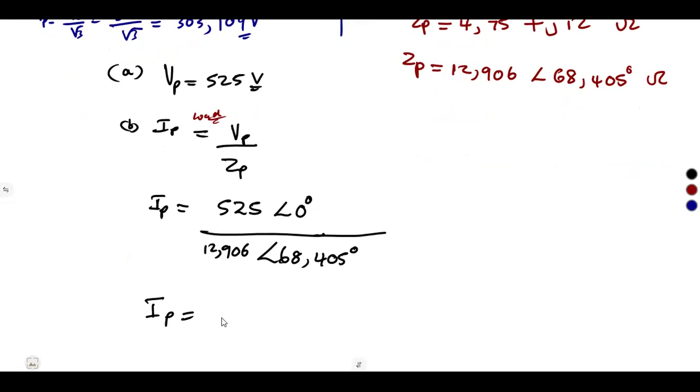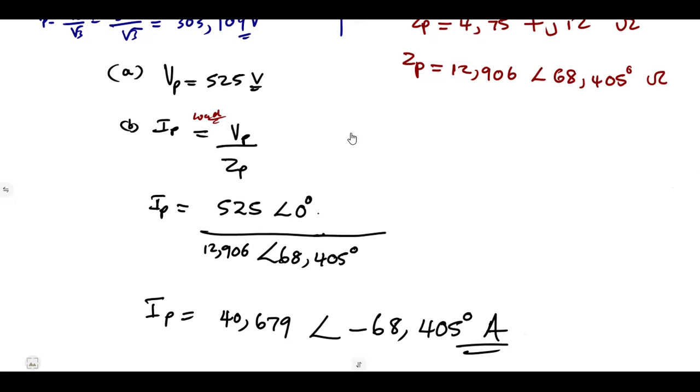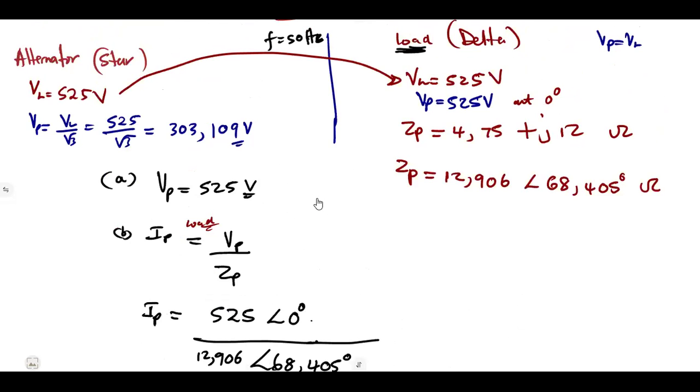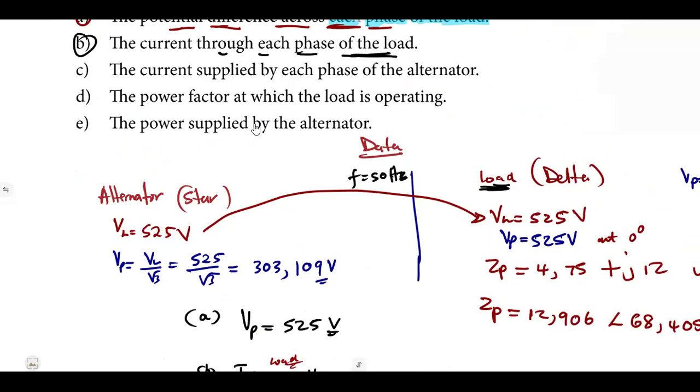That is going to give us 40.679, and the angle, 0 minus this, is going to be negative 68.405. So that's it. We have got our current. That's what we're going to have. So remember your calculations, guys. So that's the B part. Remember, they said the current per phase. That's a phase value that we are calculating there.